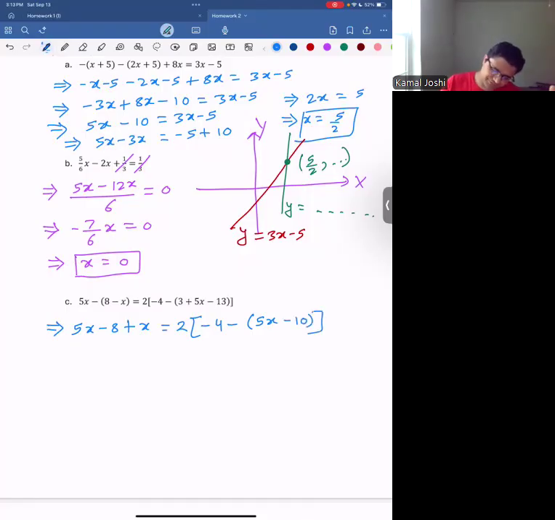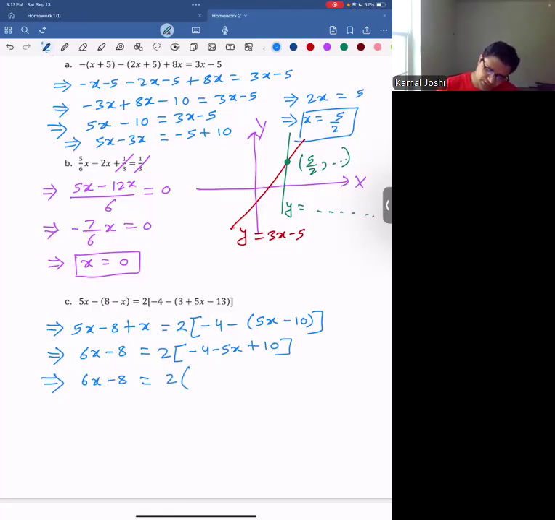So that first. And here 6x minus 8. I can combine them, equals 2 times. I have to still work inside here. So minus 4 minus 5x plus 10. 6x minus 8 equals 2 times.